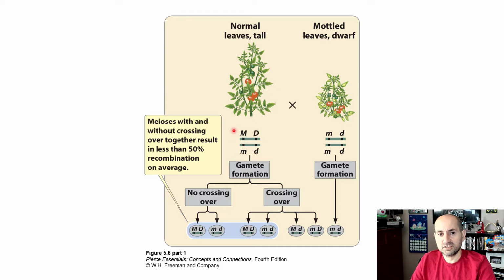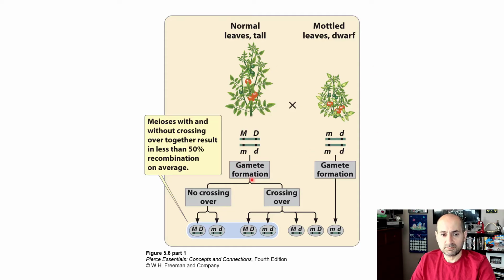Now, is this coupled or repulsion? This is coupled configuration, right? Because the big M and the big D are on the same chromosome. So this is coupled, and here this is coupled as well, little m, little d. So this heterozygote is crossing with this homozygous recessive.